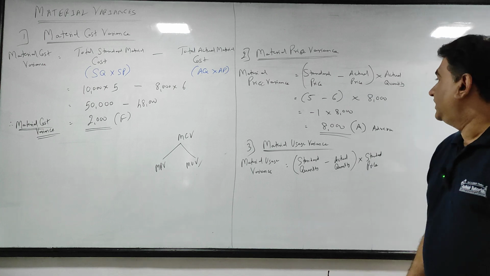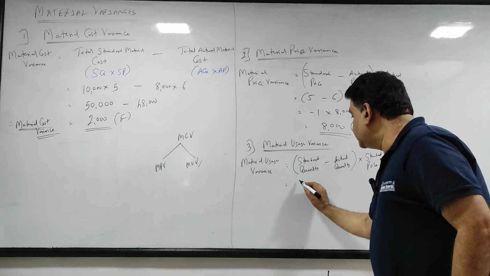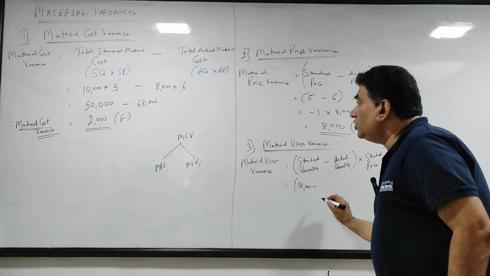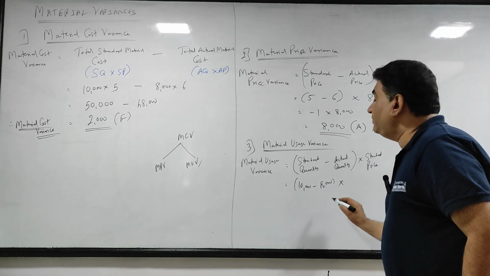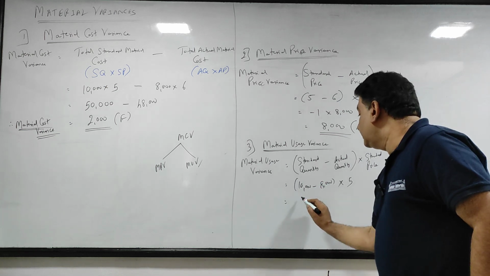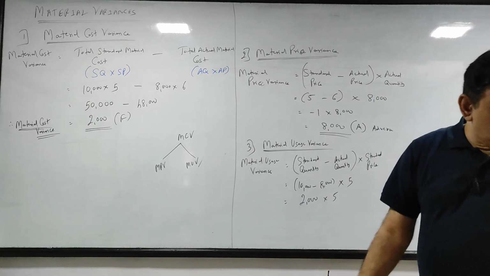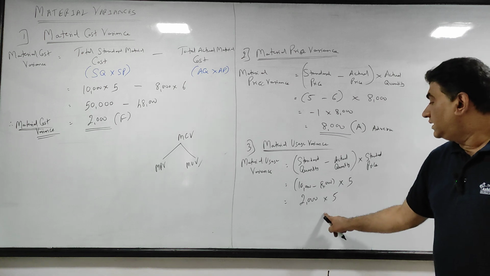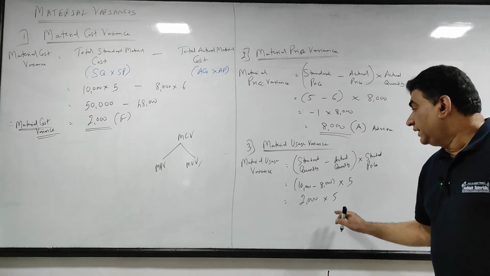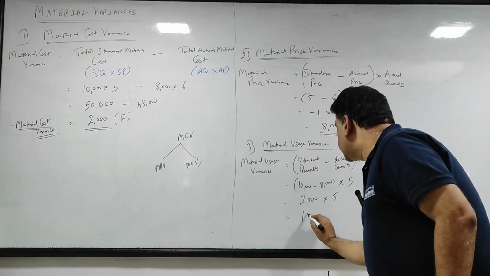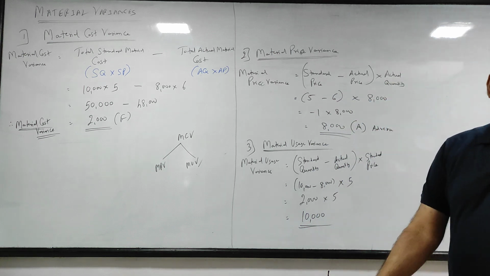Just wait for 3-4 minutes. Now let's substitute. Standard quantity is 10,000. Actual quantity is 8,000, into standard price, which is 5. Now see, 10,000 minus 8,000 gives you 2,000 into 5. So the answer is 10,000 positive.